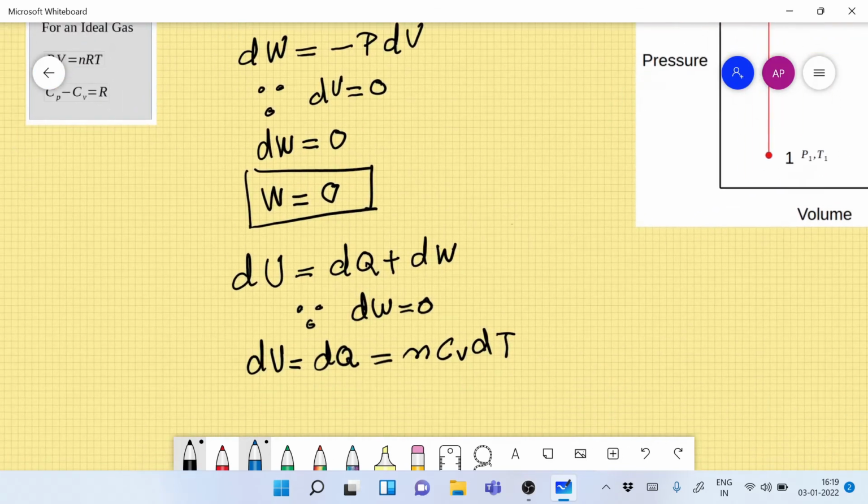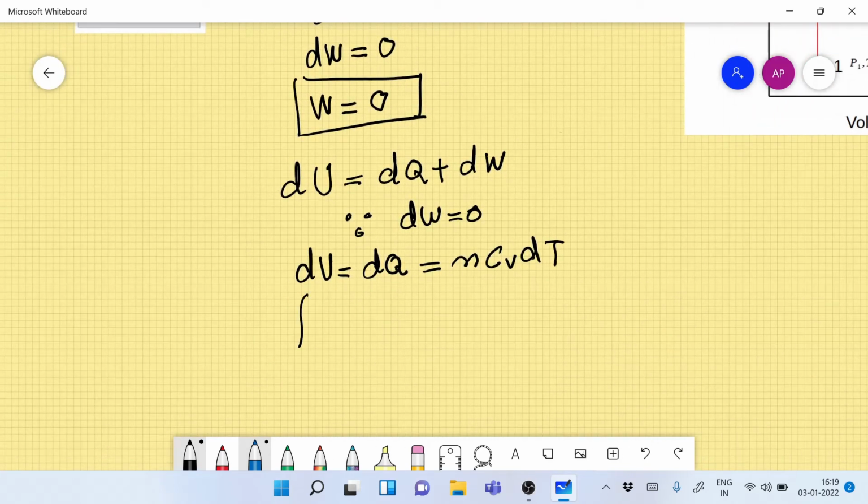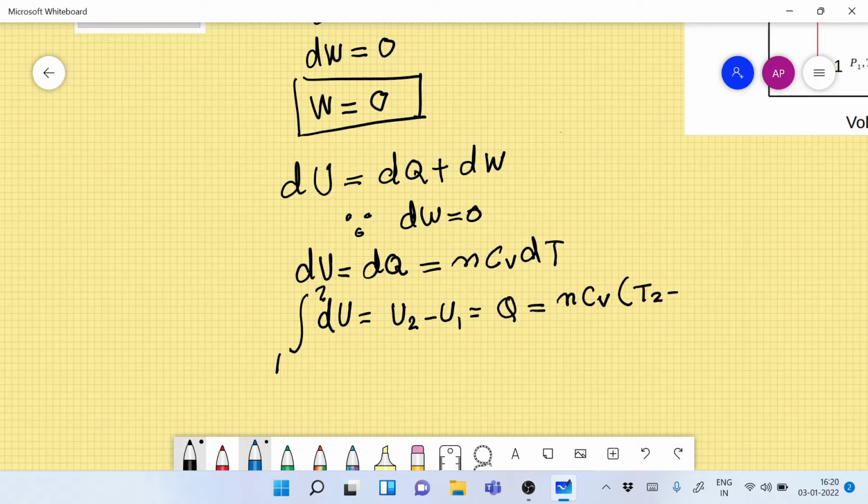For the process shown, we can integrate it from 1 to 2 dU. This will be equal to U2 minus U1, which will be equal to the heat supplied to the gas, which will be equal to n into Cv into T2 minus T1.